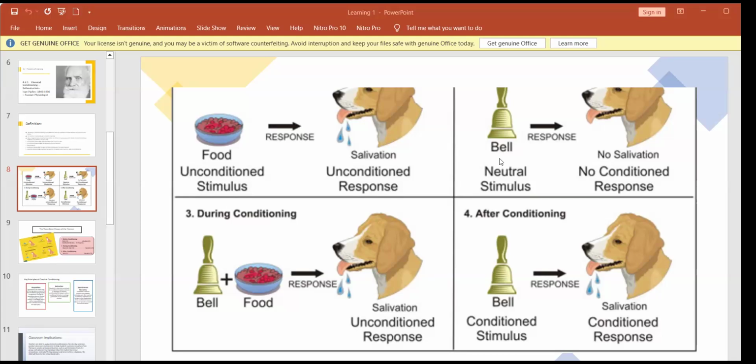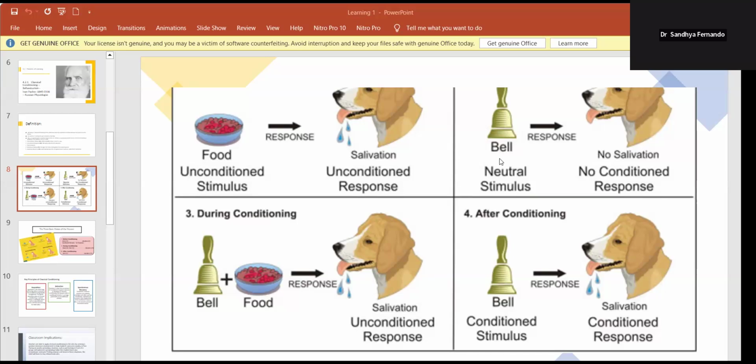And then for some time, repeatedly, the unconditioned stimulus, the food, and the neutral stimulus, the bell, are paired up, associated, bonded for some time. In this experiment, to get the dogs to the kennel door to give food, the bell was sounded. So the bell and the food were associated, bonded, paired up for some time. Okay, associated. And then what happened?